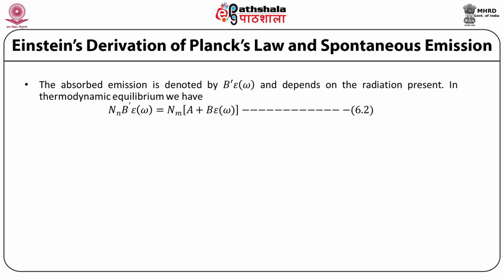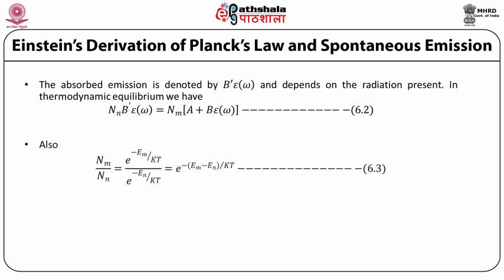So, N n into B prime epsilon is equal to N m into A plus B epsilon of omega. Or N m over N n, which is equal to exponential minus Em by kT divided by exponential minus En by kT, is equal to exponential minus Em minus En divided by kT.